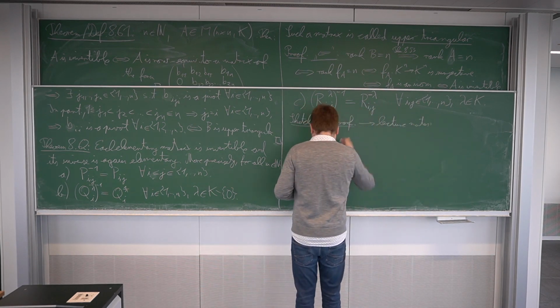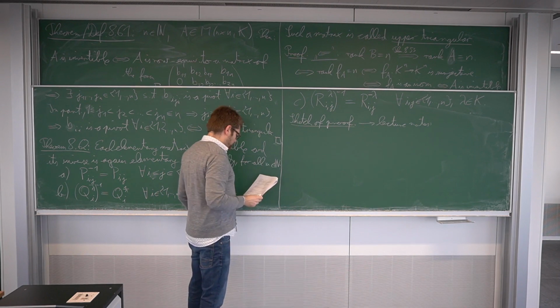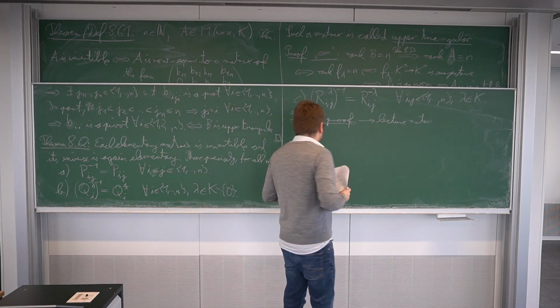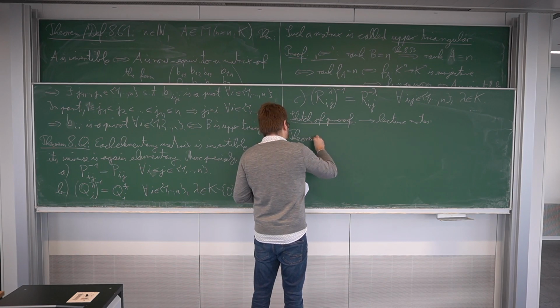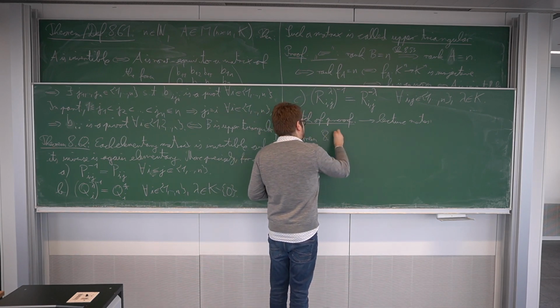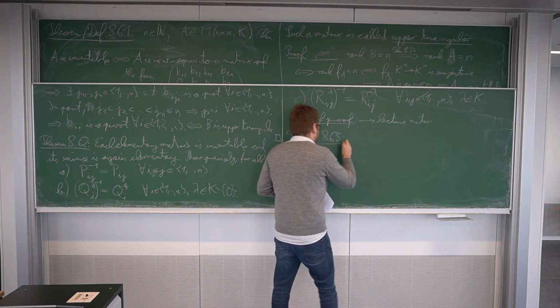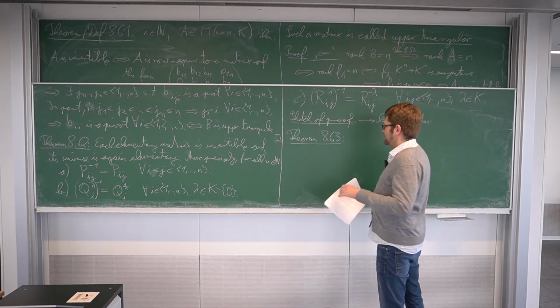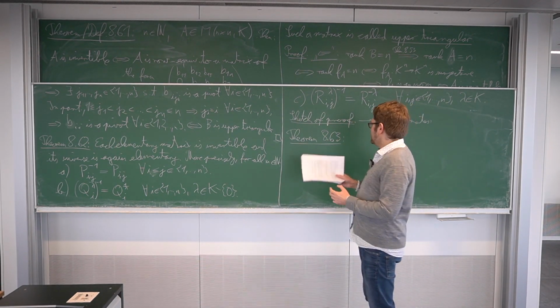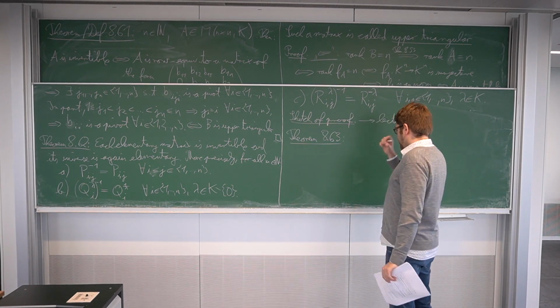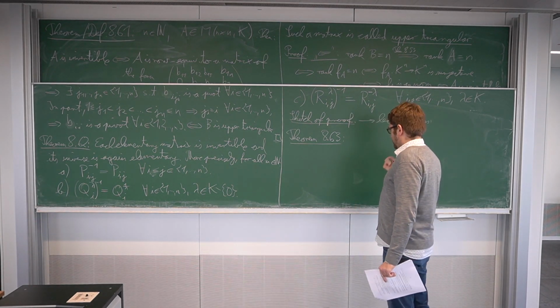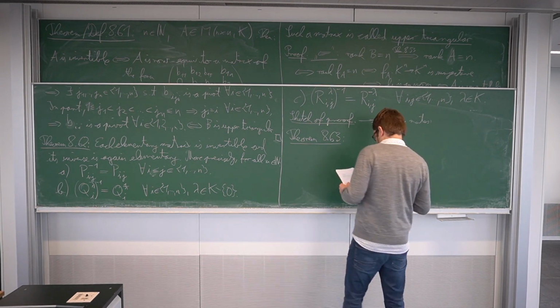Okay, so why did I do this? The reason is the following beautiful theorem, Theorem 8.6.3, and this will be the key observation for how we relate invertibility of a matrix with elementary matrices. This is the property that we will use, which will then indicate how we can construct the inverse of a given matrix explicitly.